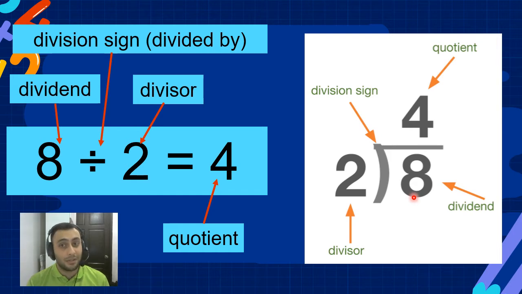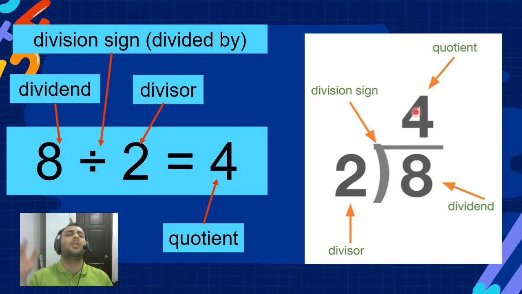Long division. Now, long division looks like this. 8, the dividend, like this. Instead of writing divided by, we put this symbol like this. And we put the divisor on the left. Now, the quotient or the answer will be on the top.